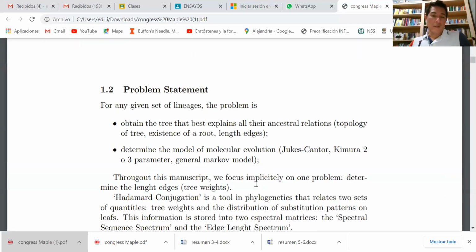So this is the problem we have to face. I mean, once we have a set of lineages, to infer its phylogenetic tree and detail that phylogenetic tree. I mean, to infer about its topology, to decide if it has or not a root, and the edge lengths.